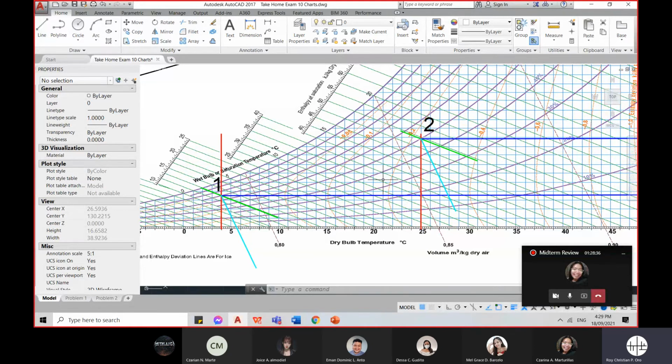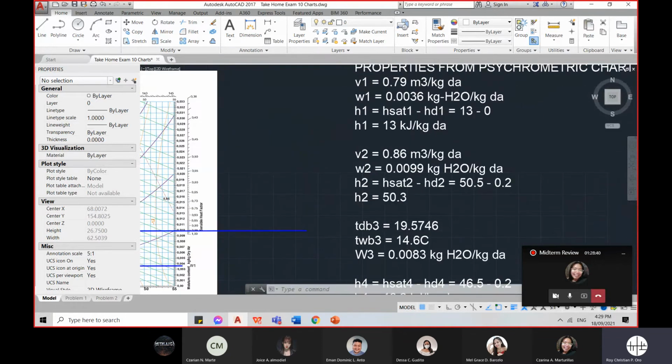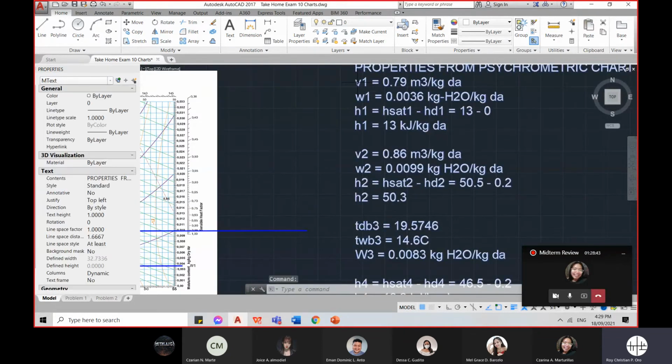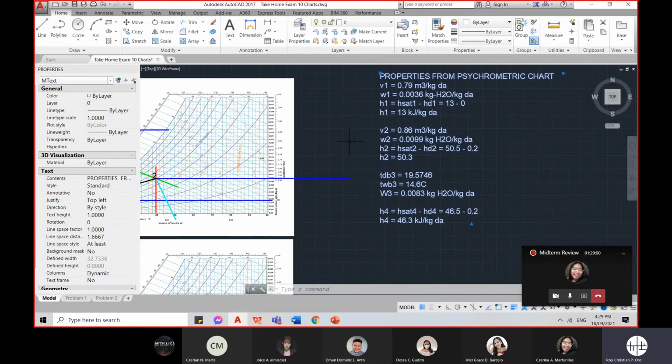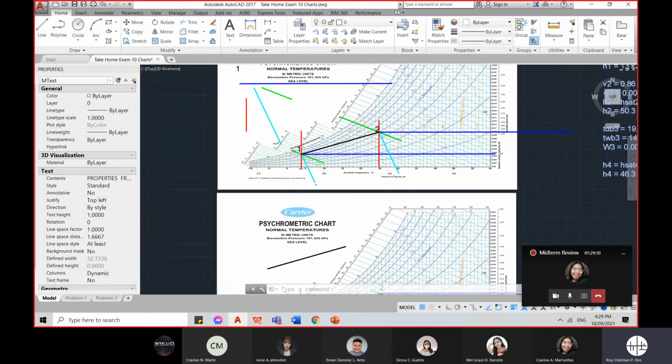Wait, let me ponder, so I don't make a mistake. So usually we need the specific volume, the specific humidity, and lastly the specific enthalpy. You need the specific volume if the volume flow rate is given, which is the case in the sample problem. But if the mass flow rate is given, same as number 3 in take home exam 10, then you don't need the specific volume. So let's get the values.